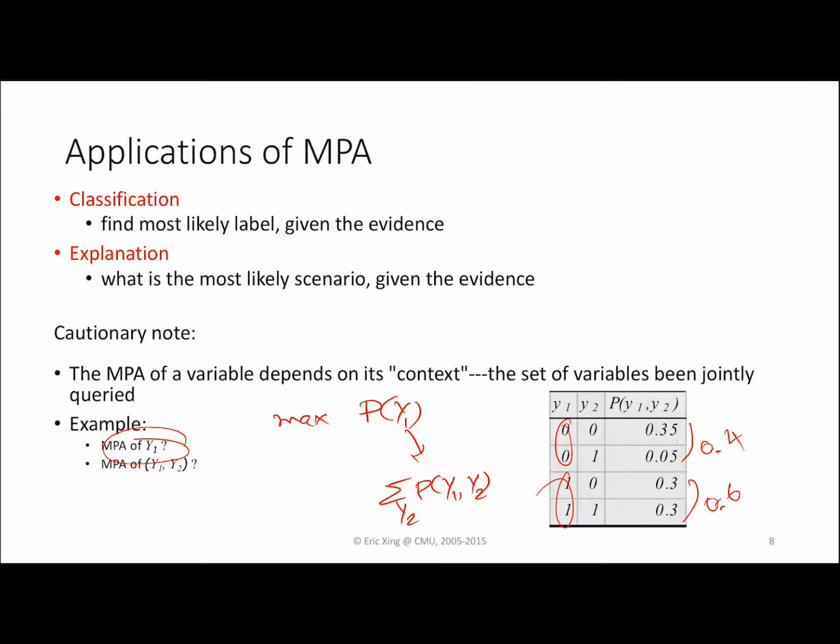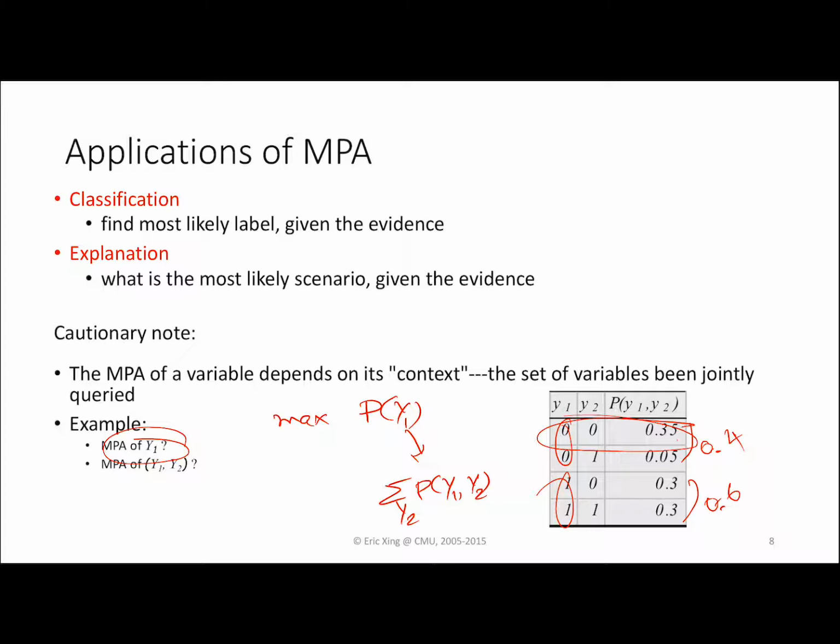And what is the maximum posterior assignment for Y1? 1, right? But if I ask a different question, that give me the joint distribution of Y1 and Y2, that should be obvious, right? What's the value for that? 0, 0, right? So the reason I'm saying this is that in one of them, the best assignment for Y1 was 1.